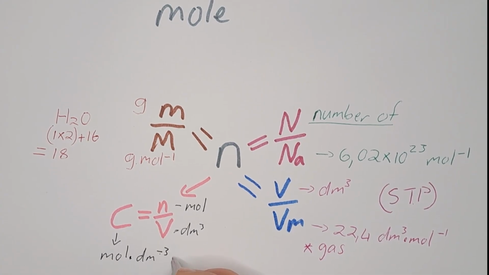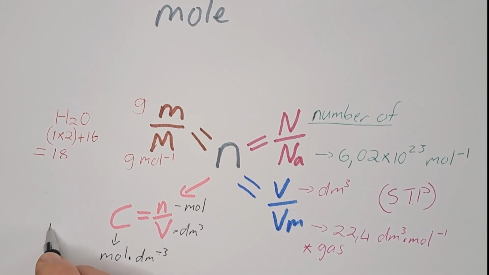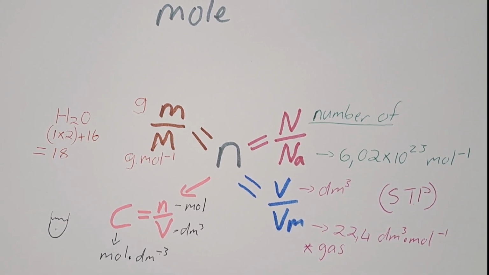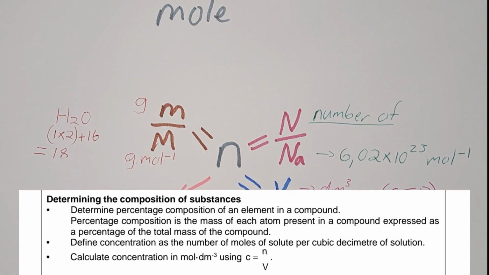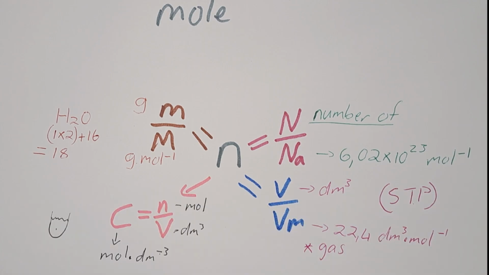Per means negative, then your 3. That is then our concentration. And a concentration is when there is a solution, and then we can calculate concentration in a solution. So concentration on your exam guideline is defined as the number of moles of solute per cubic decimeter of solution.